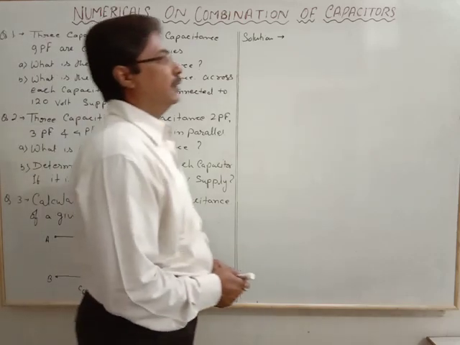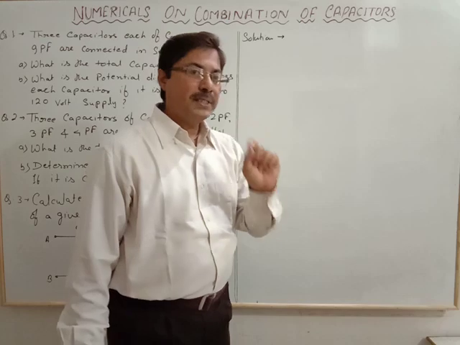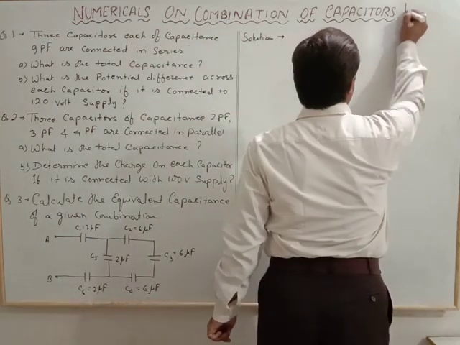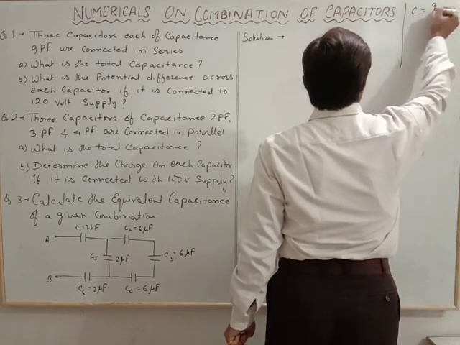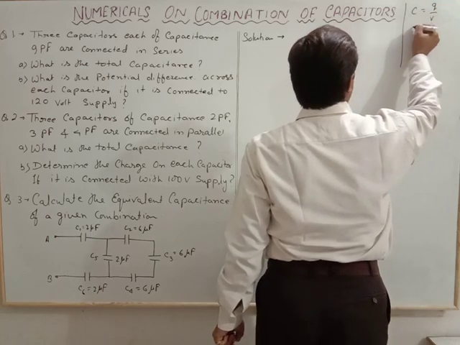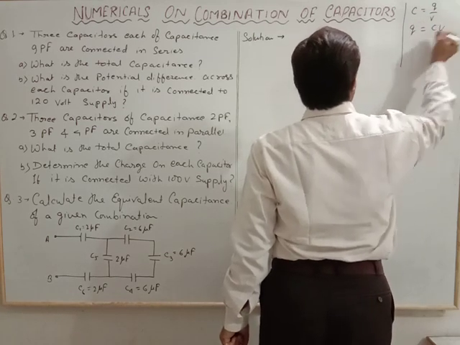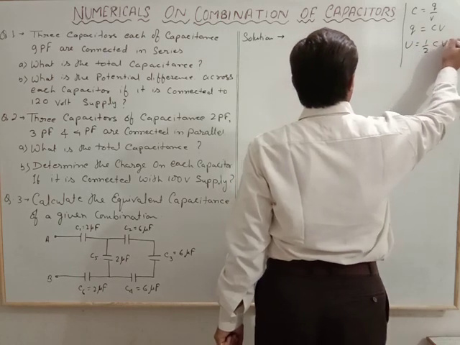Now first of all, we must remember some general formulas. These formulas are: capacitance is equal to Q by V, or we can write Q is equal to CV, and for the energy it is half CV square.